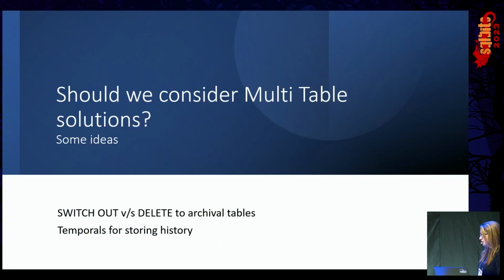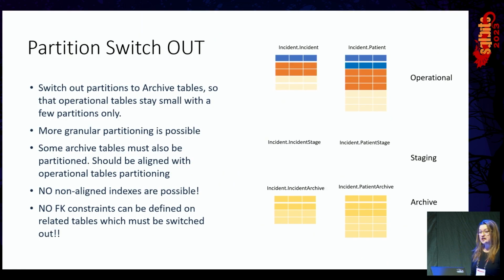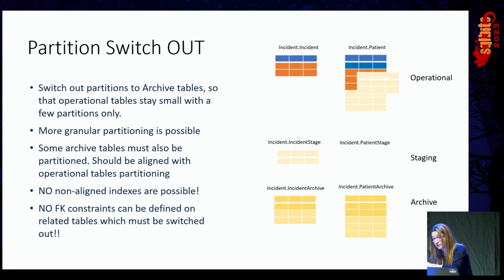Should we consider multi-table solutions? Yeah, could be. Could be better, at least. What about partition switching out? Well, that could work. Basically, if I partition operational tables, and then I switch out, for example, incidents based on date or based on the ID, if I partition by ID, right?